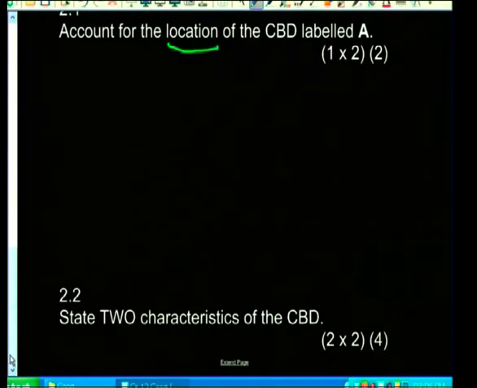Question 2.2. State 2 characteristics of our CBD. So we are now looking at this area that is obviously very centrally located. All the transport routes there lead into that central area, and we are now looking at characteristics of our central business district.